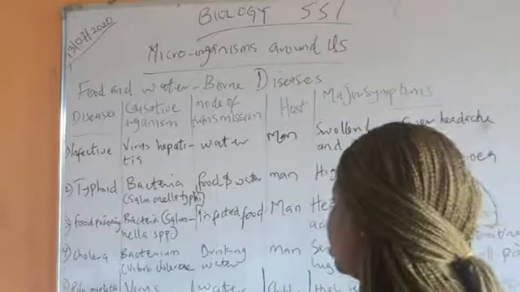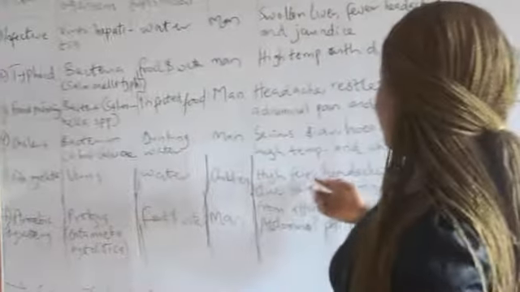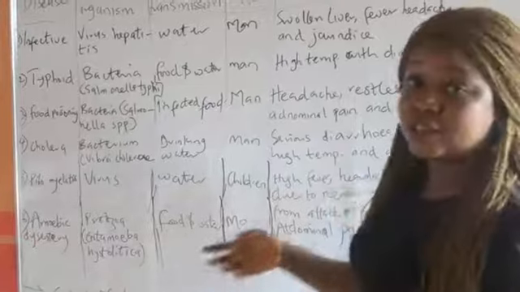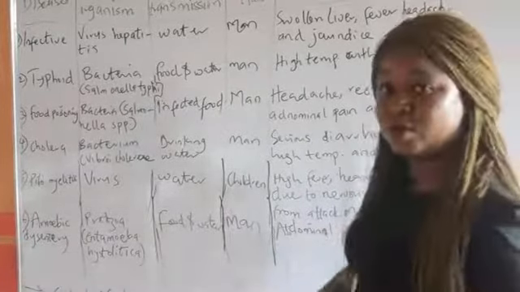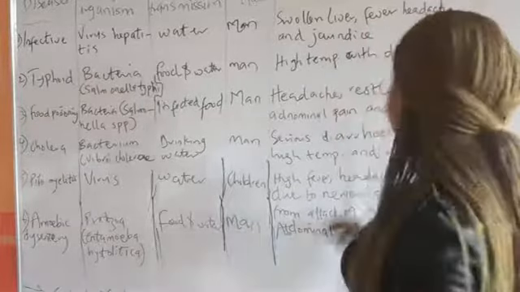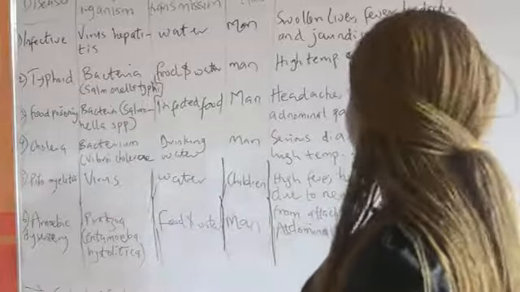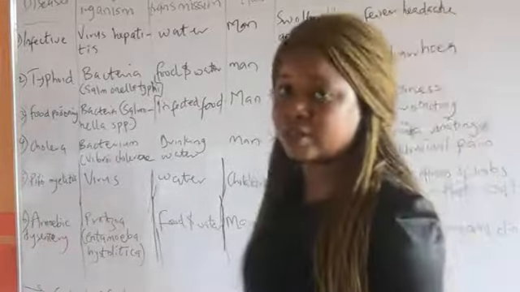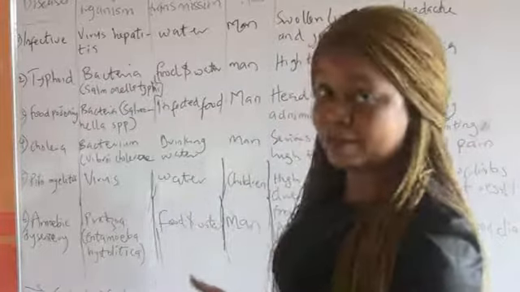The major symptoms are high fever, headache, and stiffness of limbs, both the legs and the hands. The stiffness of limbs is due to a nervous disorder that results from attack on muscle nerves. So polio always attacks the nerves and the limbs as well.